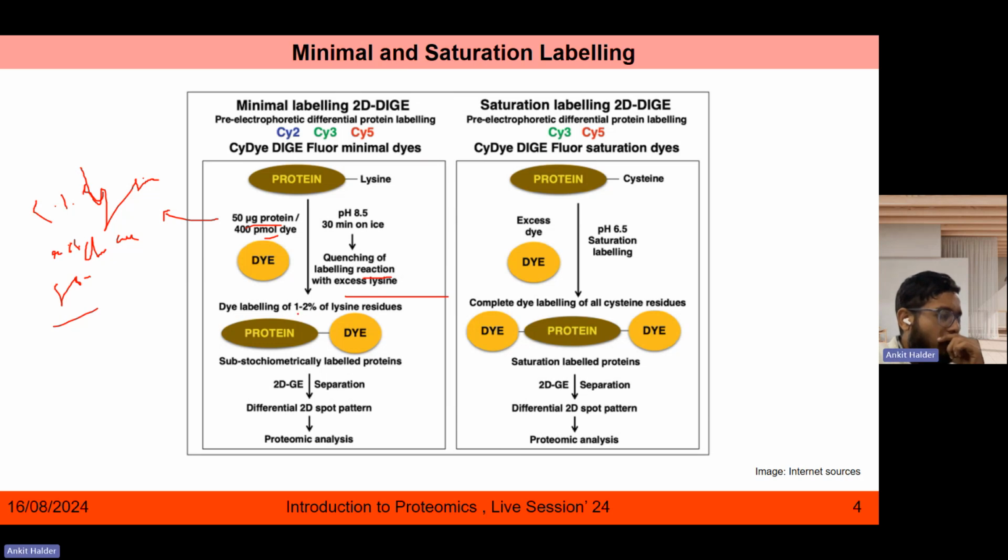So dye labeling of 1 to 2% of lysine residues. The protein is added with dye, substoichiometrically labeled protein, and then we have the 2D gel separation followed by differential 2D spot pattern, and then the statistical or proteomic analysis to understand which particular proteins have different expression under different conditions, right?